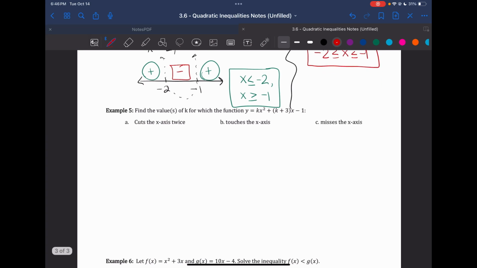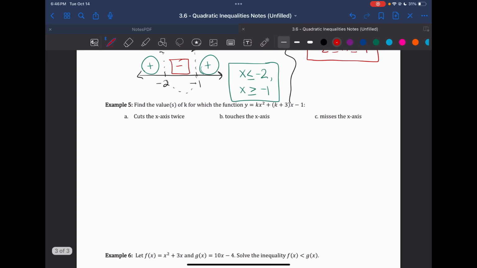For example, it says find the values of k for which the function y equals kx squared plus (k plus 3)x minus 1 cuts the x-axis twice, touches the x-axis, or misses the x-axis. So if you recall, this idea we spoke about before, in a previous section, which was about the quadratic formula and all of that, and we talked about number of roots.